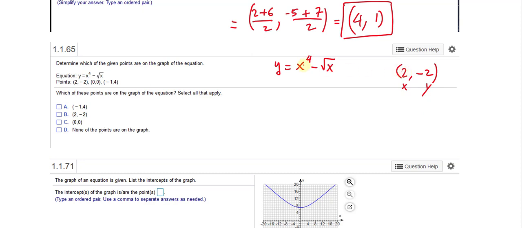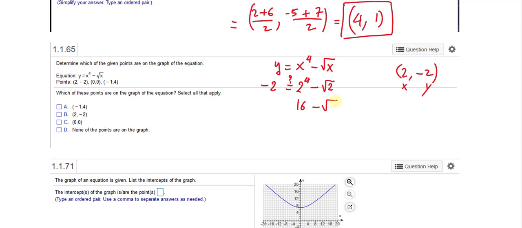When x is 2, we get 2 to the 4th power minus the radical of 2. Does that equal y? y is minus 2. Are the left and right hand sides equal or not? 2 to the 4th power is 2 times 2 times 2 times 2, so that is 16.